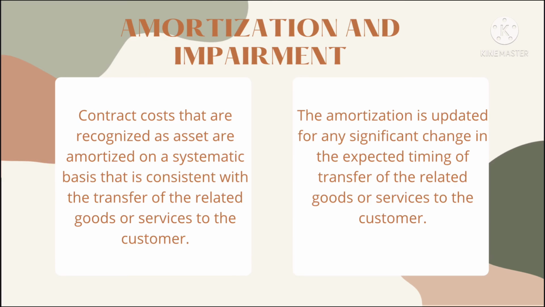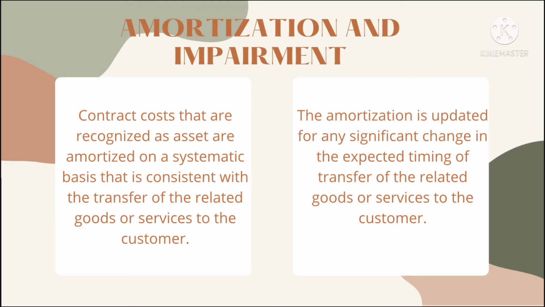Amortization and impairment. Contract costs that are recognized as assets are amortized on a systematic basis that is consistent with the transfer of the related goods or services to the customer. The amortization is updated for any significant change in the expected timing of transfer of the related goods or services to the customer.